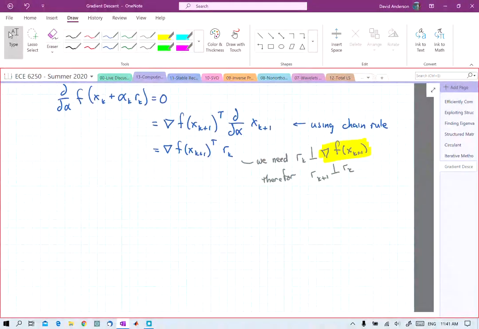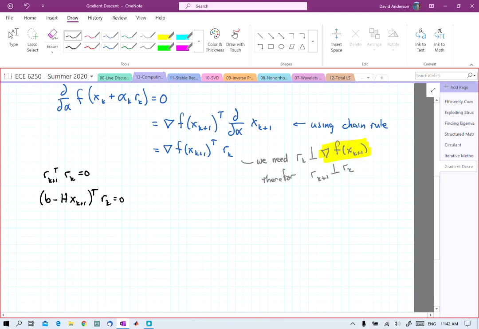Well, now we're getting close to our solution here. So for rk plus 1 transpose rk equals 0, we get (b minus H xk plus 1) transpose rk is equal to 0. And let's put in the definition of xk plus 1.